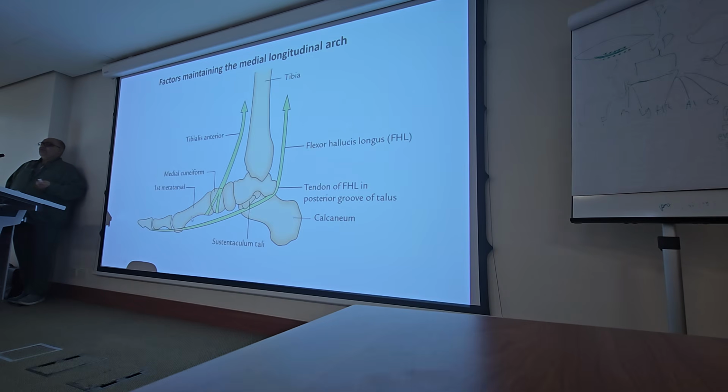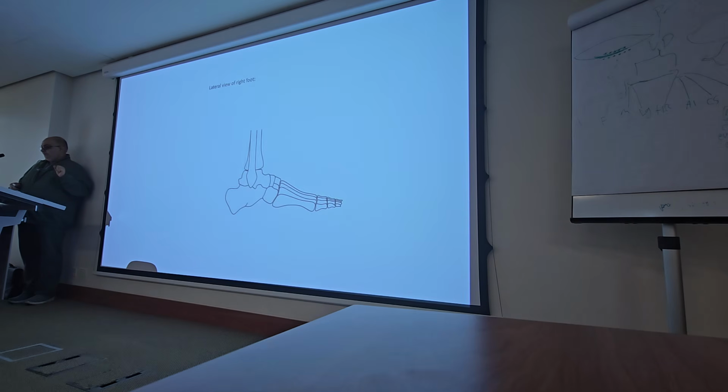So what are the dynamic factors responsible for maintaining the medial longitudinal arch? Tibialis anterior, tibialis posterior, and flexor hallucis longus. These are the three main principal supports. Are we clear? Don't make a mistake.